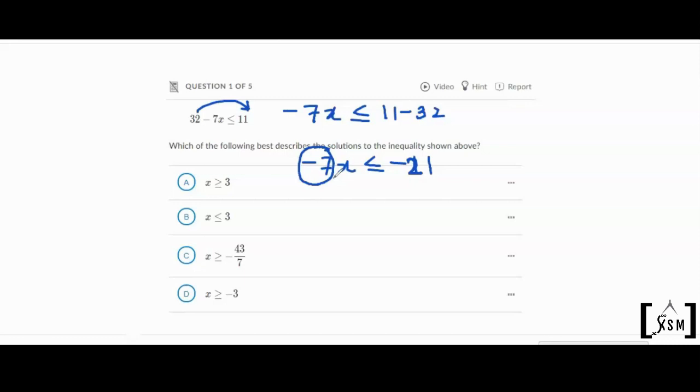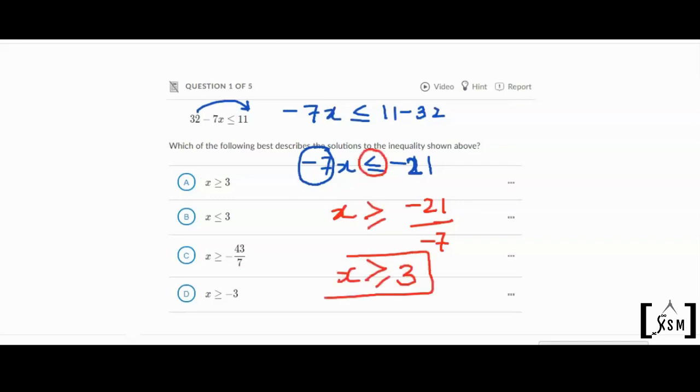So right now, I am dividing negative 21 by a negative number which is negative 7. So this inequality direction will change. So my answer is x is greater than equal to negative 21 over negative 7 is 3. So option A is the correct answer. Hope it makes sense.